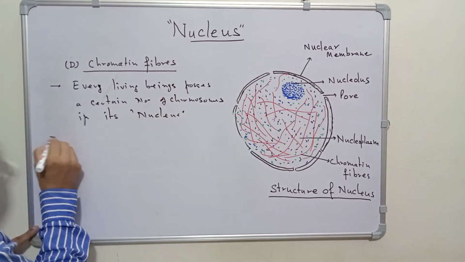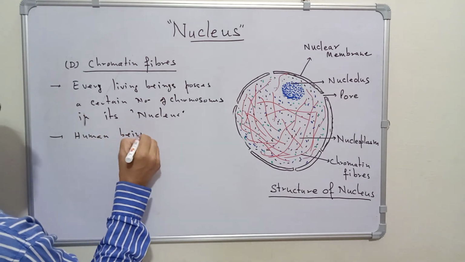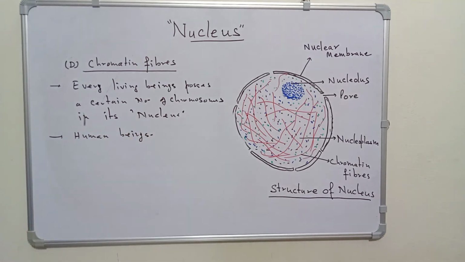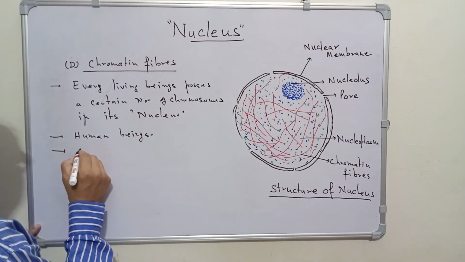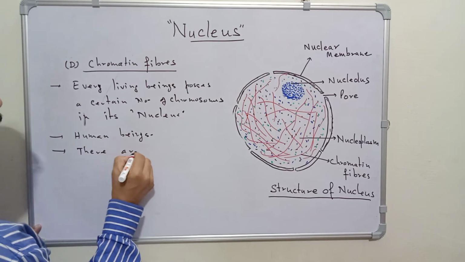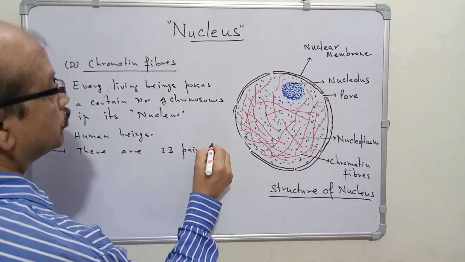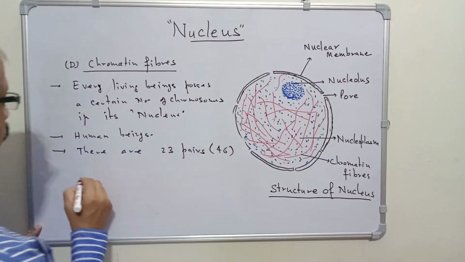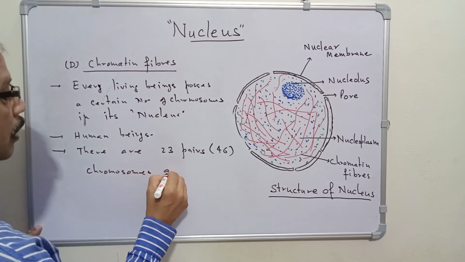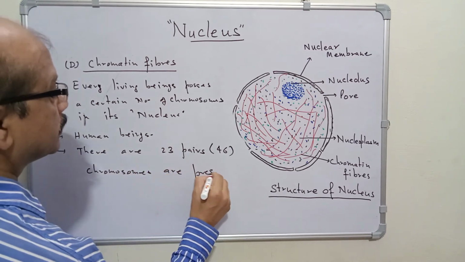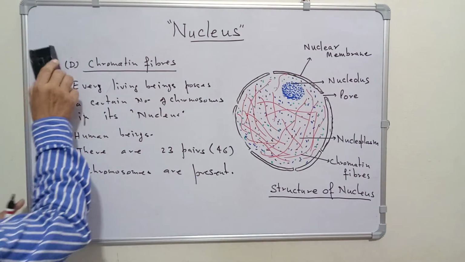Like in case of human beings, there are 23 pairs, means 46 chromosomes are present, right? Now the function of nucleus.